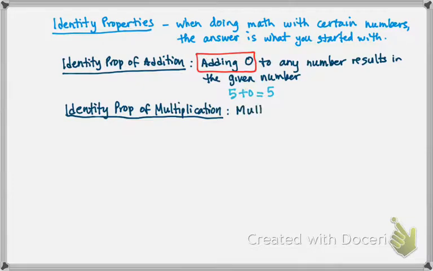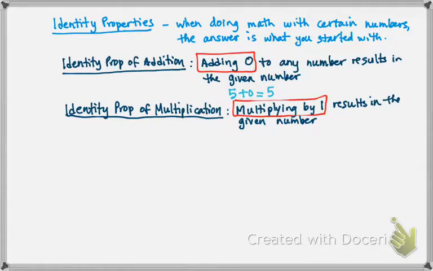Multiplying by 1 results in the given number. So I'm going to box up that multiplying by 1.